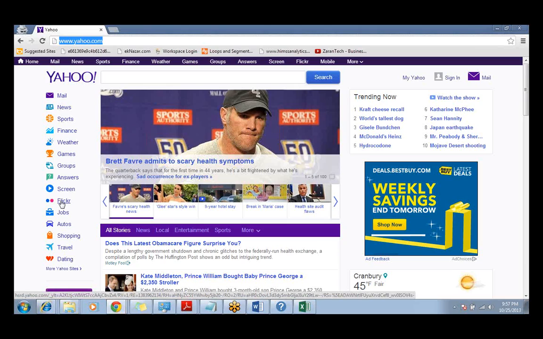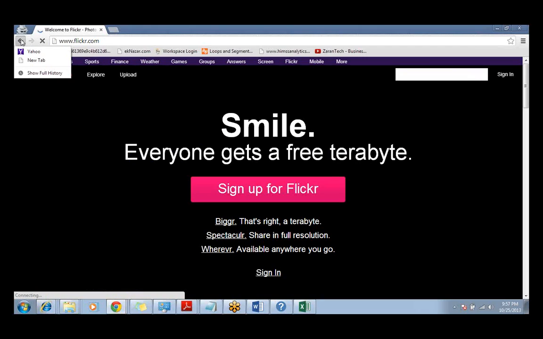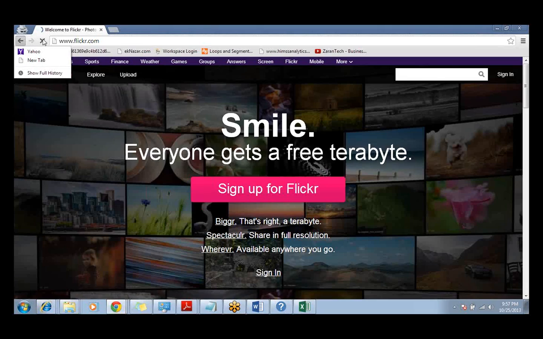So this was the technology demand, the technology enhancement. They had to do this project, otherwise how would they have included this link over here, and when you click on it, it goes to flickr.com?